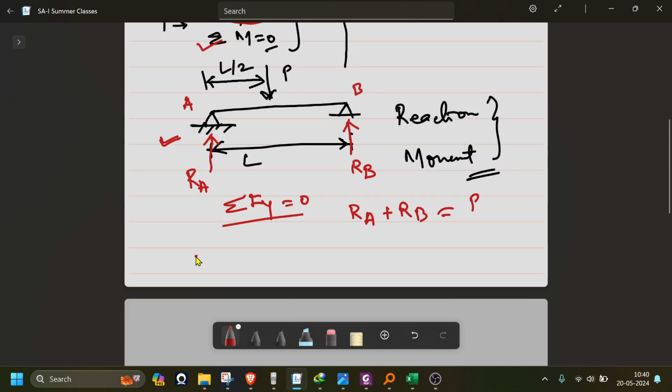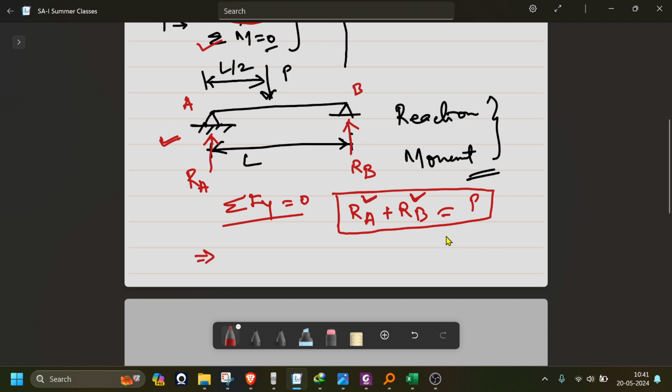So this implies, can we proceed further by using only Ra plus Rb equals to P? No. Why? In order to solve these two unknowns, I need two equations. Okay, so what can I do?